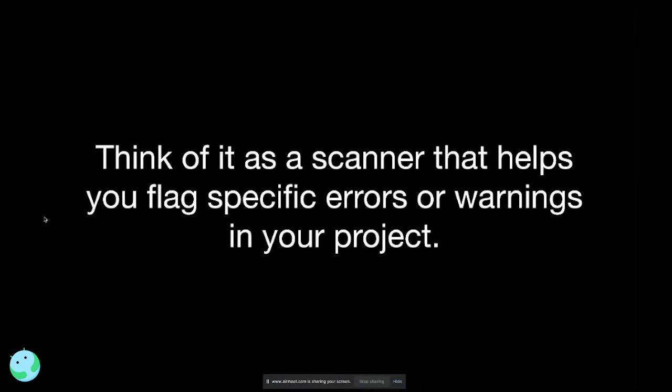What Lint actually does is it goes through the whole of your code, analyzes it, and gives you errors and warnings. In the result, what it provides is a description and the severity level of it. The major part that I really like about this is you can decide how severe the error or the warning is.